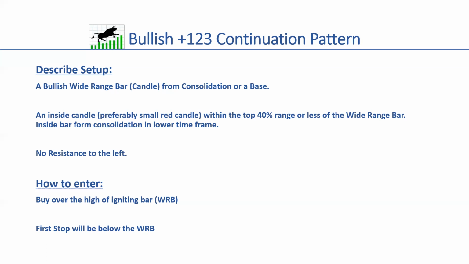And if that base is near or just below the prior resistance, that is even better for the setup. So if prices make higher lows, then form the consolidation, and from there break out, the breakout bar should be a bullish wide range bar.